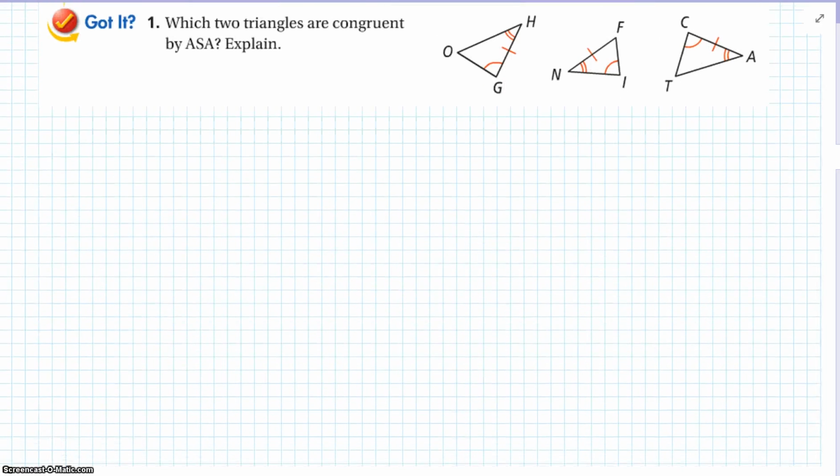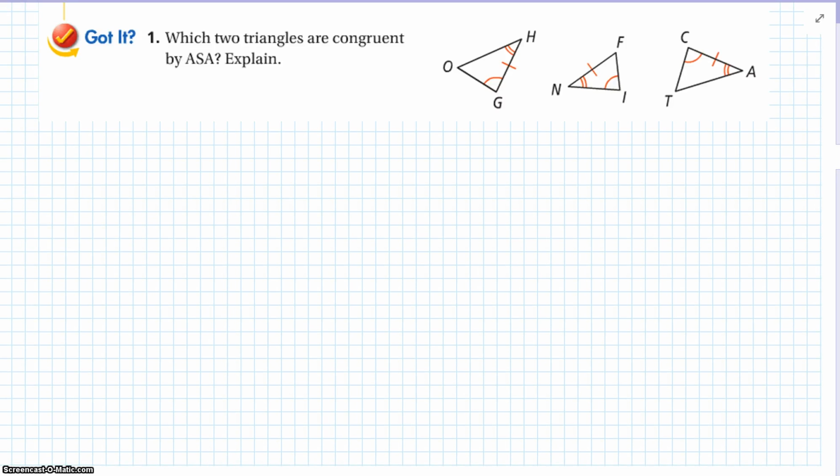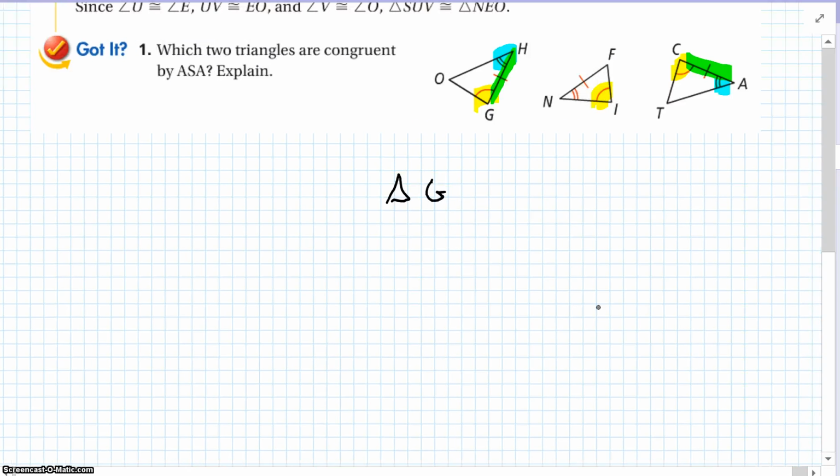So next example. Which two triangles are congruent by angle, side, angle? So I have an angle, and I have an angle, I have an angle. I have a side. I do not have an included side. I have an included side. Then I have an opposite angle and an opposite angle. So I have triangle GHO.